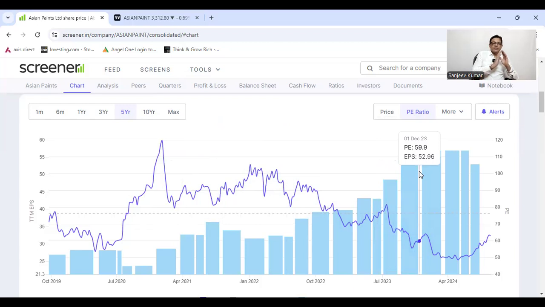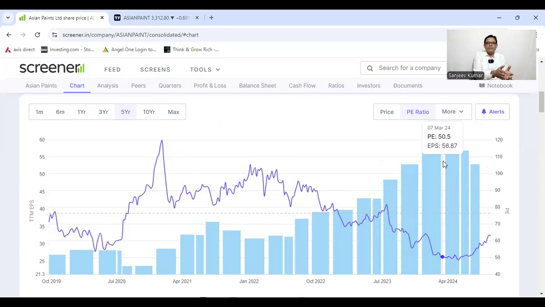So you should think, you should not jump just because Asian Paints is a very good company. EPS is very good, EPS is growing, so will share price grow? No. In proportion to this EPS, share price has already increased.